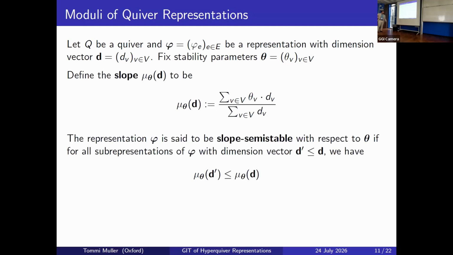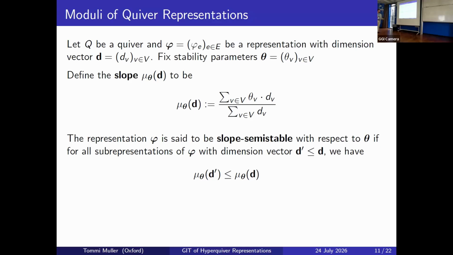You can say that a representation is slope semi-stable with respect to theta if for all sub-representations with dimension vector d prime less than d, the slope of that sub-representation is less than the slope of the original representation. If that's true for all sub-representations, we say that phi is slope semi-stable.